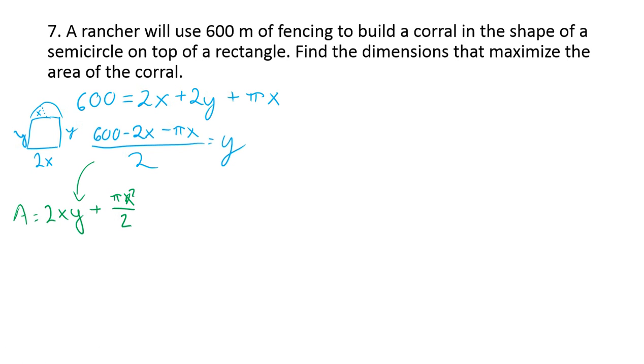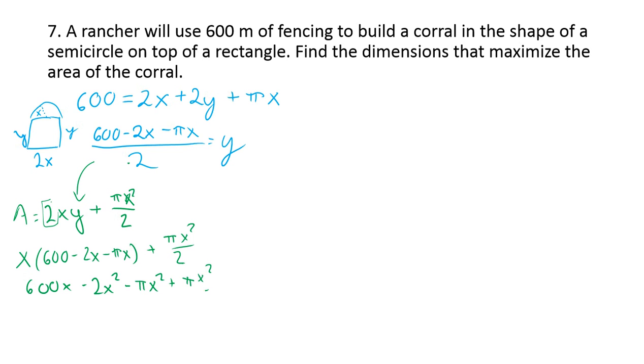Since this 2 out front is being multiplied by something over 2, they kind of disappear, leaving us with just x times (600 minus 2x minus pi x) plus pi x squared all over 2. Distribute: 600x minus 2x squared minus pi x squared plus pi x squared all over 2.